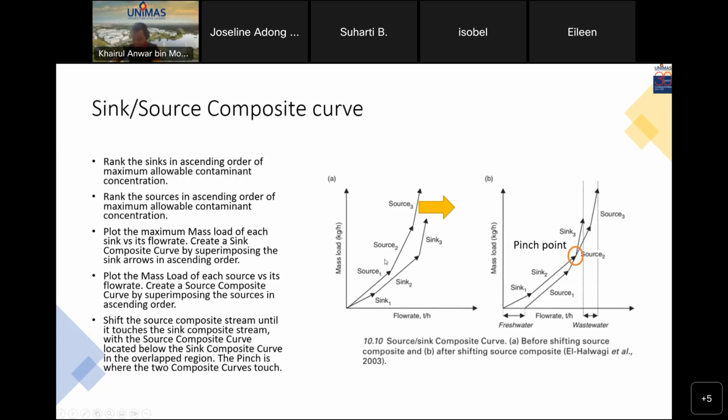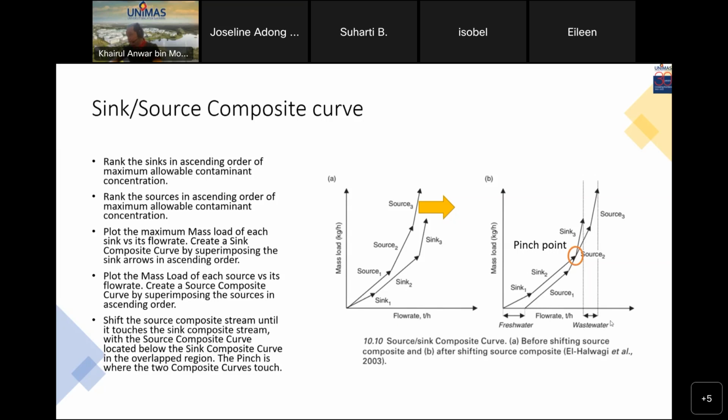This is the second method. For the second method, the gap here is the fresh water, without the source. Because sink is the feed and source is the outlet.